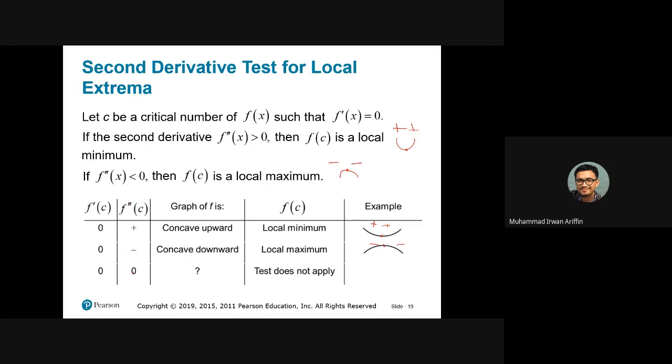What if our second derivative gives us 0? In this case, the second derivative test fails. When it fails, we cannot derive any conclusion, and we cannot decide whether it is concave upward or concave downward. But that will be discussed later.